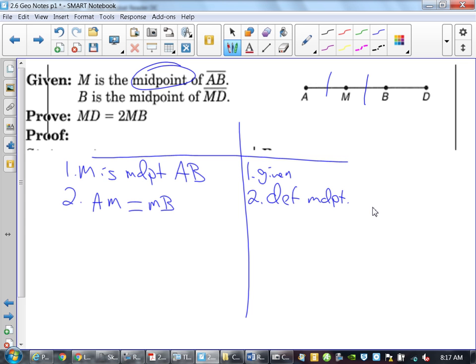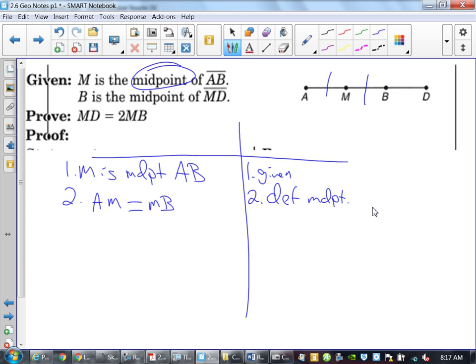So that means we could, for number 3, put definition of midpoint. We haven't written anything down yet about that. We have to write down a given prior to that. You're on the right track. This is the idea that I keep saying, that proofs are a bit of a pain in the butt.